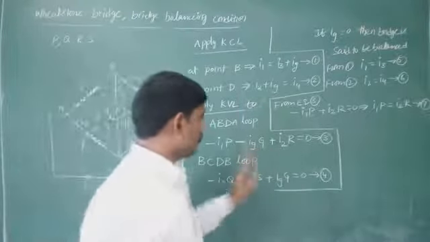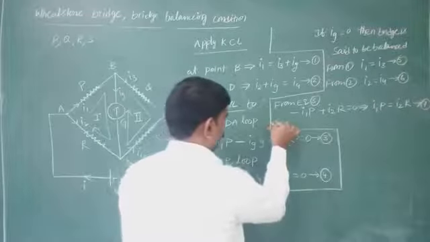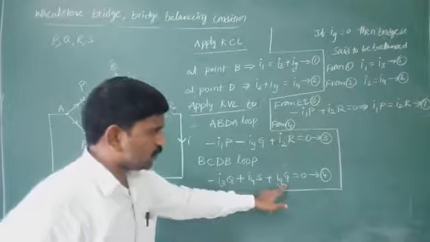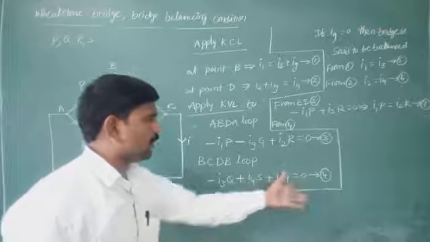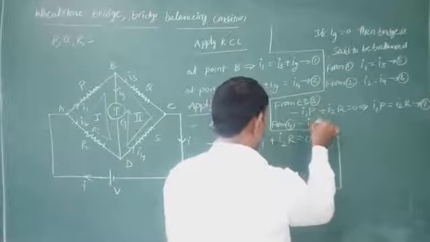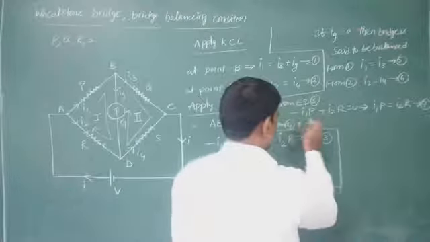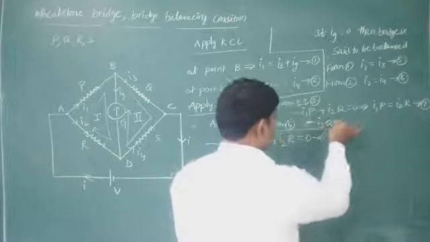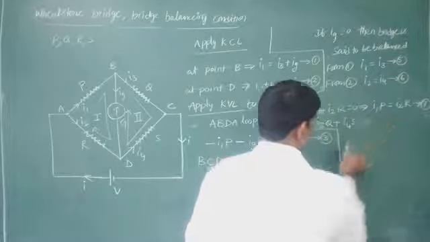Okay, next one. From equation 4, Ig is equal to 0. Therefore, minus I3 into Q plus I4 into S is equal to 0.